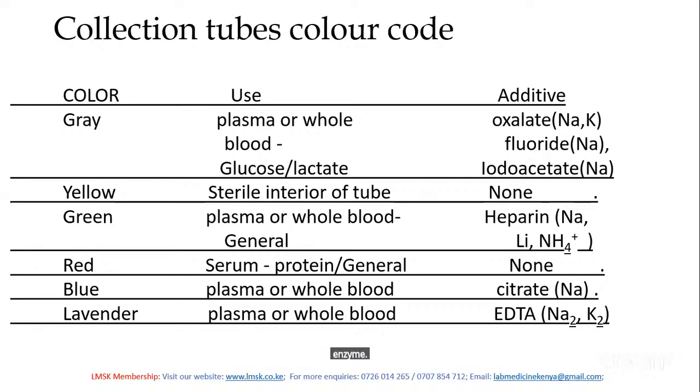They inactivate that enzyme, which stops glycolysis, a process where glucose is being used to generate energy. So when you stop glycolysis, then you stop usage of glucose by the cell. You maintain the concentration of that glucose. Then the yellow tube is sterile.